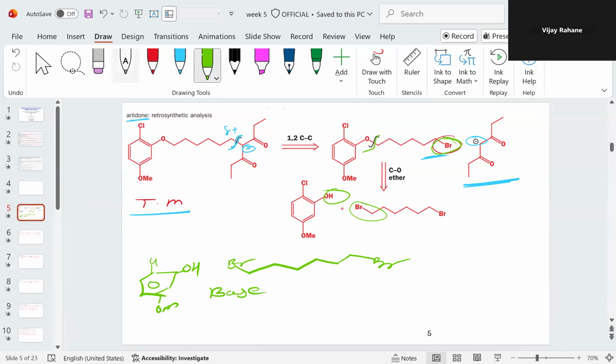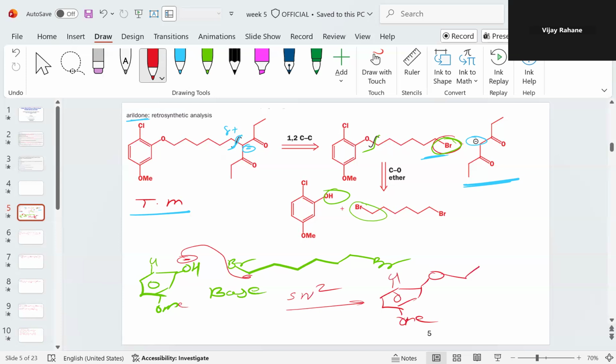The base helps to form the anion at this oxygen atom, which is followed by the SN2 substitution reaction, and we get the intermediate, where the remaining part will be as it is. This oxygen is now substituted with this chain, which has this bromine.